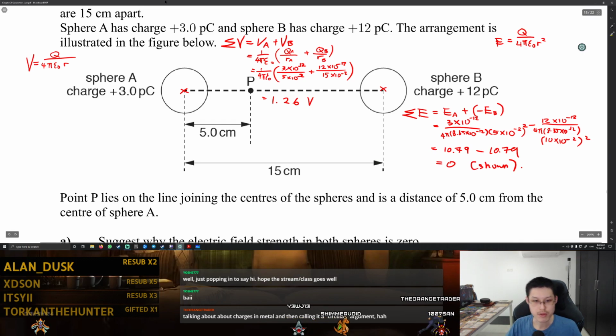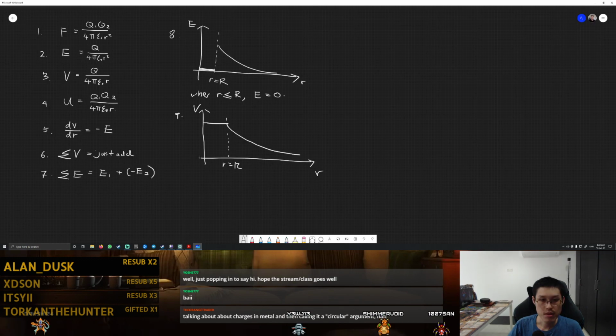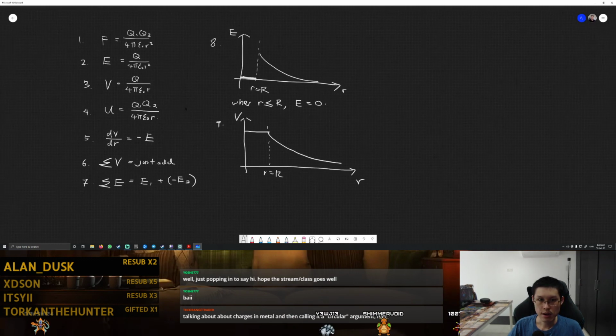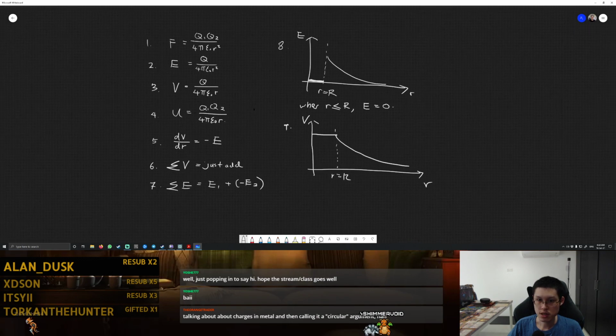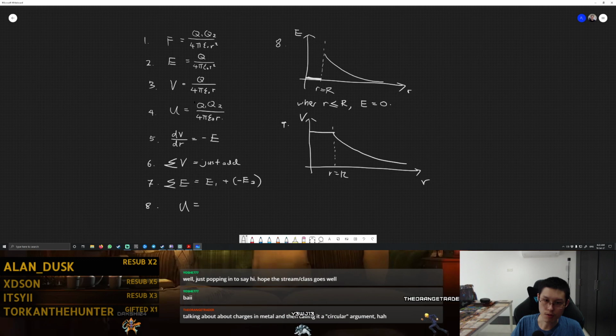Oh, there's also something else I forgot to mention. So just go back here. Another kind of interesting relationship that you have to know is between V and U. Because sometimes you can use this in the exam as a bit of a shortcut. So how is V and U related? Well, you can see that U is actually V times Q, right?